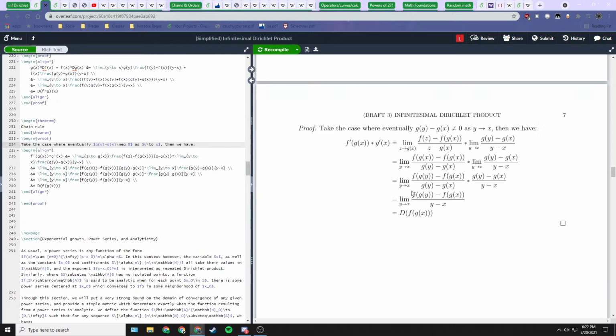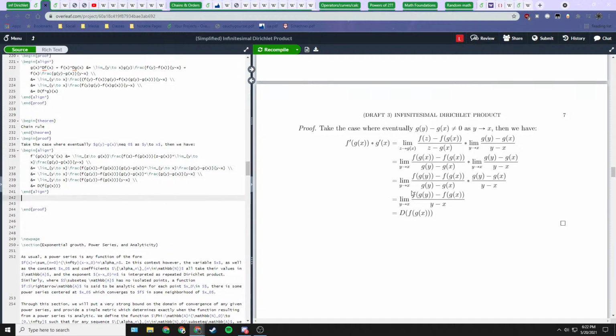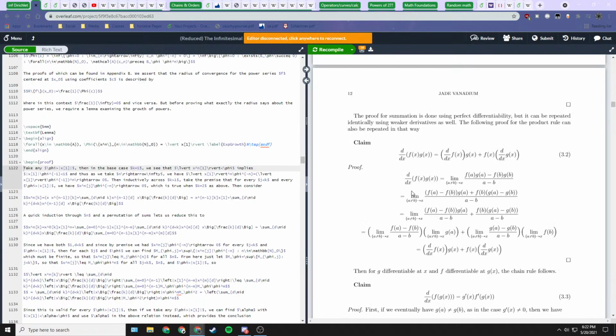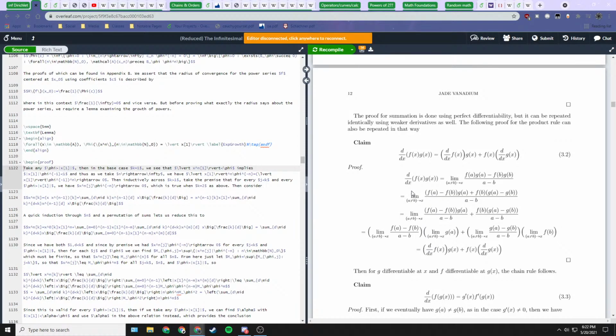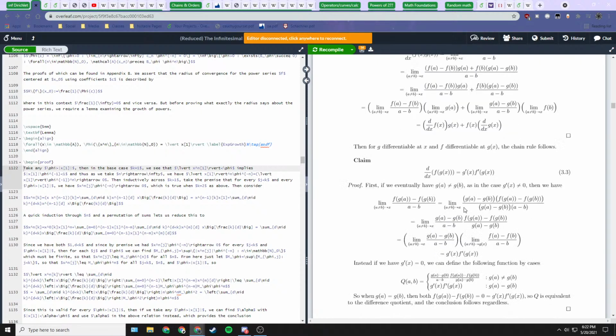So then we have all of this. Instead, alternatively, we can define a function. I think we want q of y, that's how we do it.